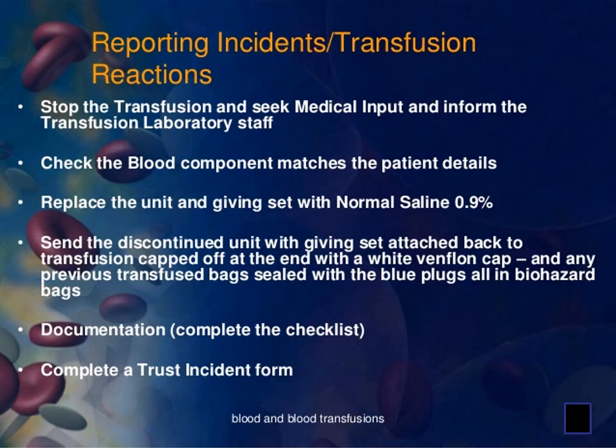So check whether the blood component matches with the patient's details, and remove the blood transfusion set together with the blood bag and start an infusion of a normal saline drip. Send the discontinued blood unit with the giving set to the blood bank after capping it properly, and this should be documented in the patient's notes, and complete an incident form or blood transfusion reaction form.